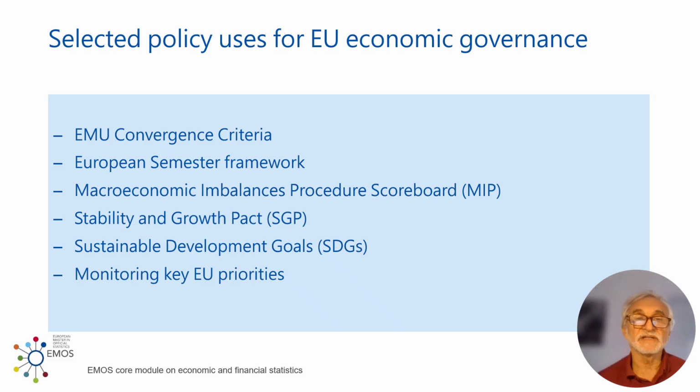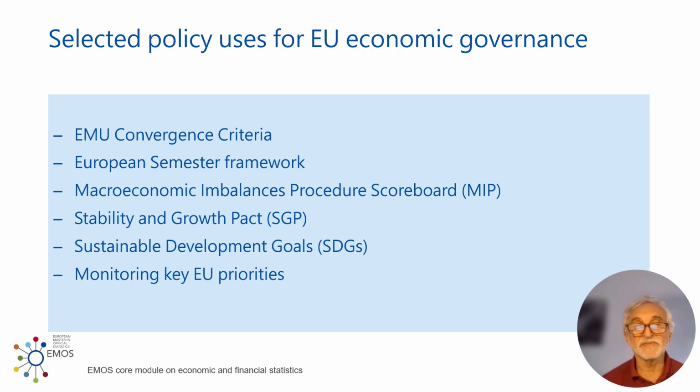Some selected policy uses for EU economic governance, which I have picked out for this presentation, are first of all the convergence criteria, so the entry criteria for monetary union, which the countries have to fulfill if they want to enter the euro, so to speak.